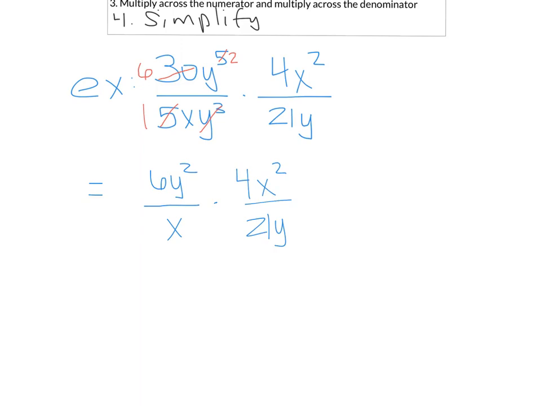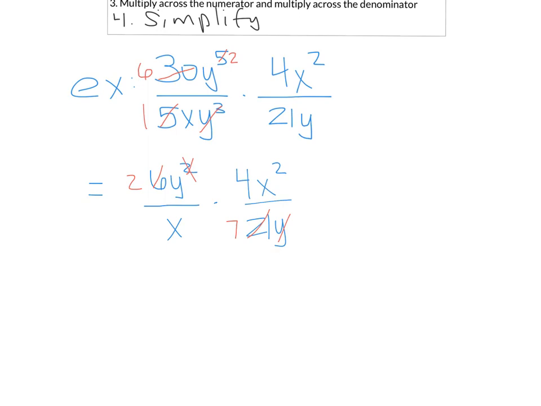So if there are common factors in the numerator and denominator across the multiplication sign, we can cancel those as well. So if we look at the 6 and the 21, they both share a factor of 3. So 3 goes into 6 2 times, 3 goes into 21 7 times. And for the y's, we can cancel one of the y's in the numerator.